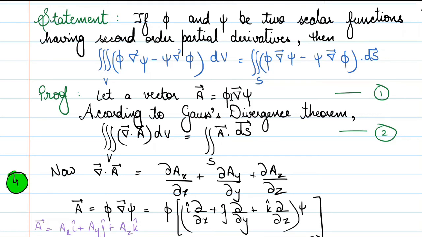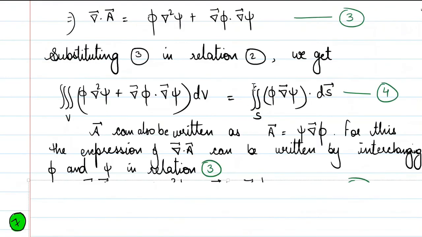So if we have written A here as phi del psi, we can also write it down as psi del phi. The things would remain the same. Again, A would still be a vector, and we still are using the scalar quantities psi and phi. We have just interchanged their position, because ultimately we have both the scalar functions phi and psi, and we can have gradient of psi, or we can have gradient of phi.